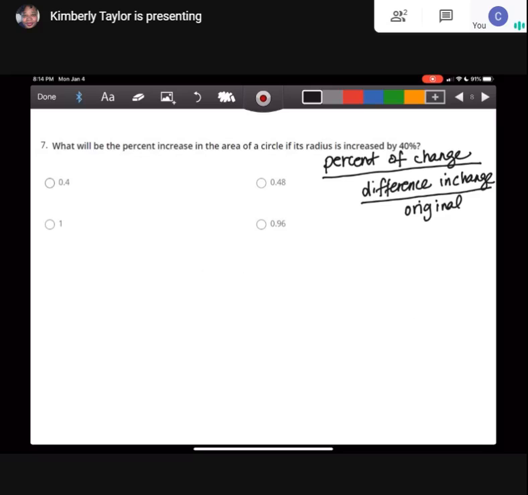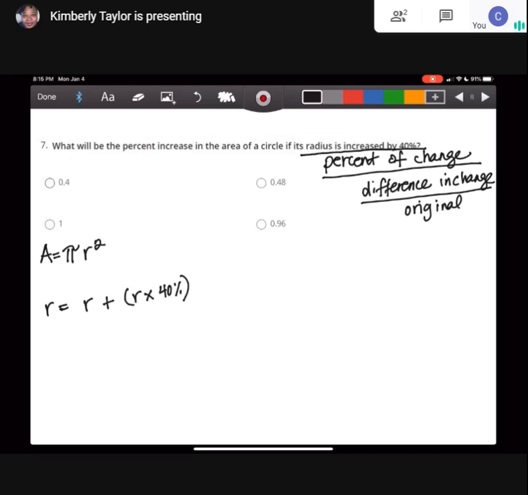So with this one here, it's asking about the area of a circle. First off, to find the area of a circle, it is A equals pi r squared. And the information in our text says that the radius is increased by 40%. So currently the radius is r. If you want to increase the radius by 40%, what you have to do is r plus radius times 40%.